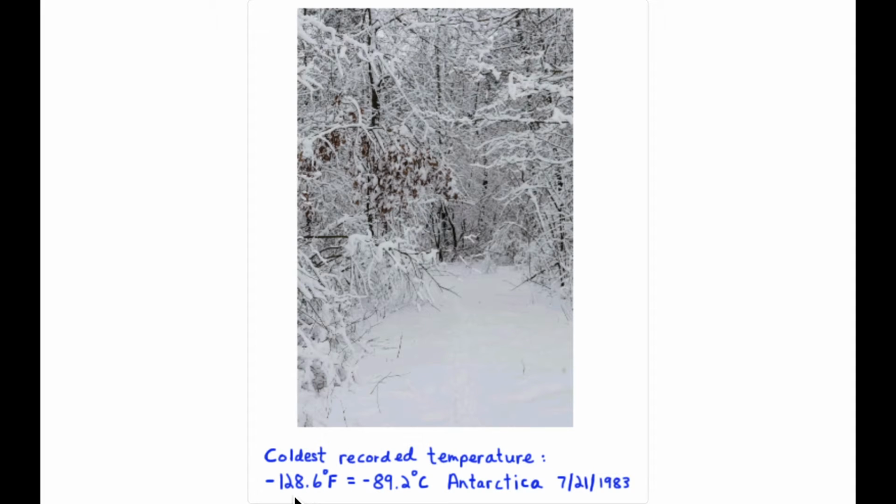And notice further that for negative 128 degrees and 6/10, you're going to figure out what 5/9 of that is. Well, 5/9 is a little bit more than half. Now remember, you have to add a negative 32 degrees to this. So you add a negative 128 plus a negative 32, that is a negative 160 degrees.